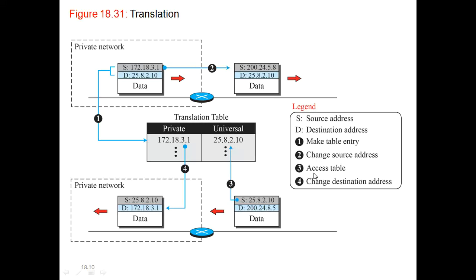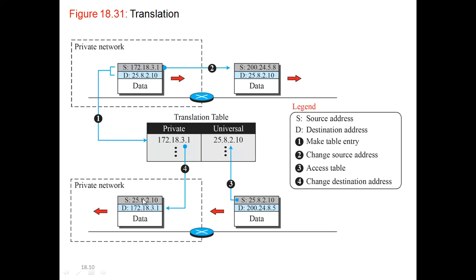The third step is to access the table. At the destination side, it accesses the table because it should know which is the source and which is the destination. For this, we have the actual source address. This is the destination address, and finally the destination address is changed here.